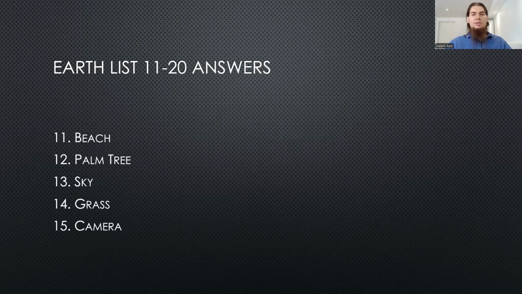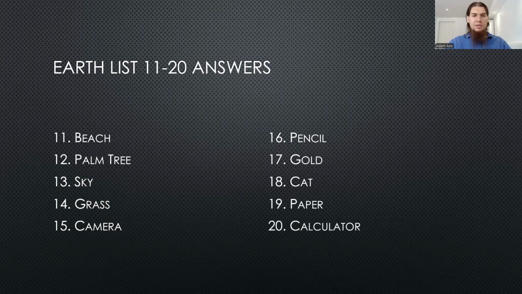You could see a pencil on a driver's license. Number 17 is gold. You could see gold in the co-pilot seat. Number 18 is cat. You could see a cat driving a semi. Number 19 is paper. You could see a paper cutting a banana in half. Number 20 is calculator. You could see a bodybuilder on his calculator. Well done.